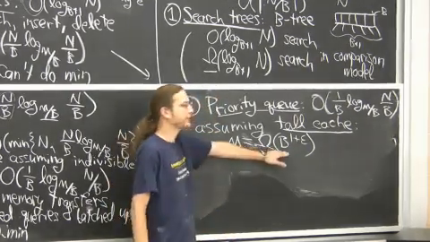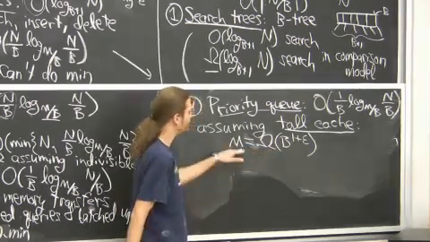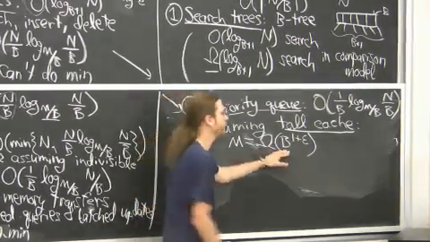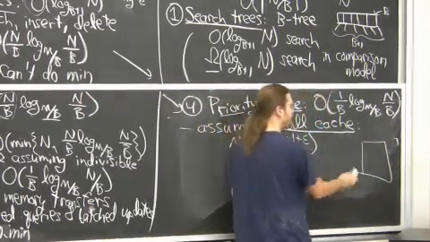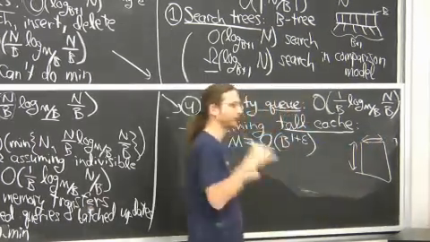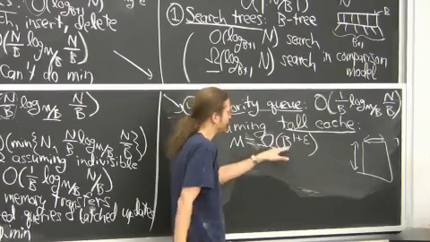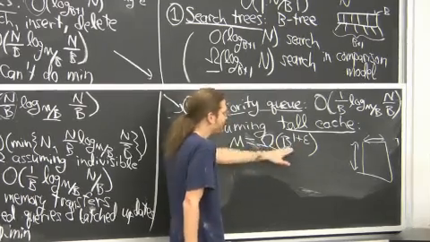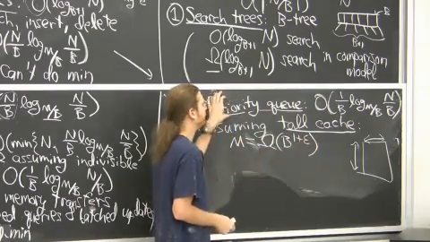Certainly M is at least B. If you have one cache line, you have M equal B. But we'd like M to be a little bit bigger than B. If M was at least B squared, then the height of the cache would be at least as big as the width of the cache, hence tall cache. But we don't even need M equal to B squared. Just M equaling B to the 1.001 would be enough. Then you can get this result.